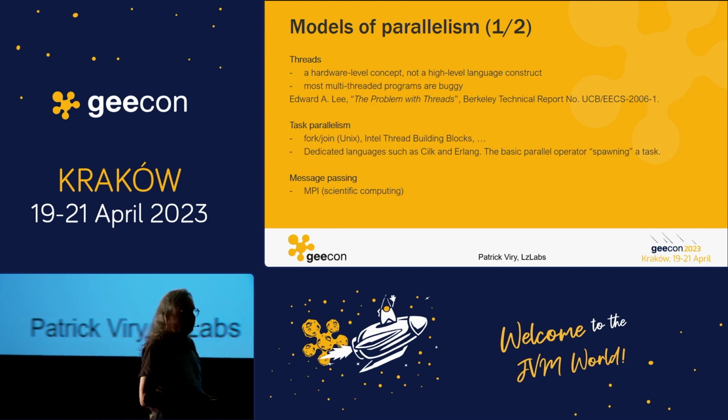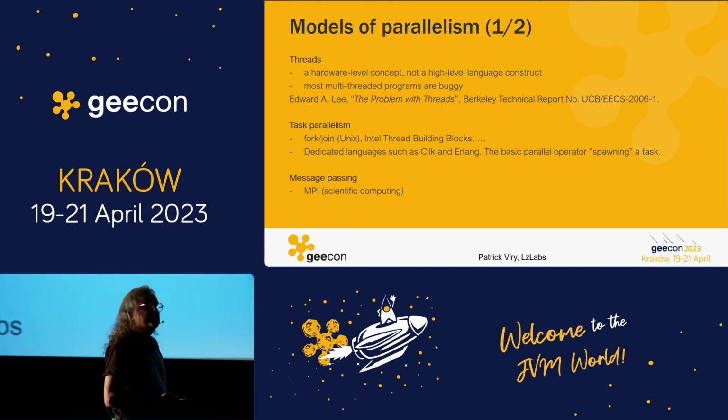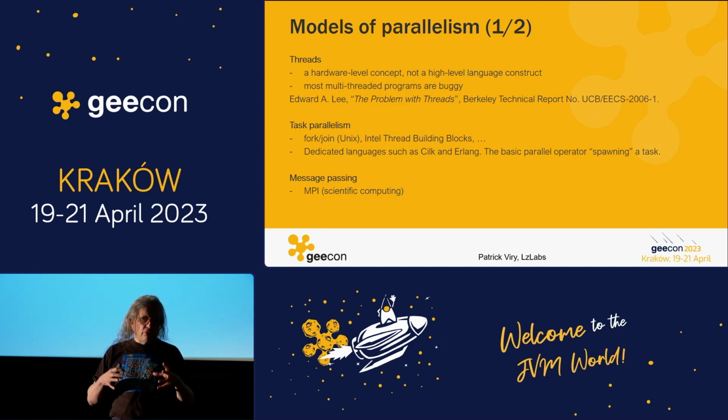This is something you find in scientific computing. This is used in the huge supercomputers that physicists use to do simulation, weather simulation or this kind of thing. There are thousands of computing nodes, and MPI is used to manage the routing of messages between all these nodes.